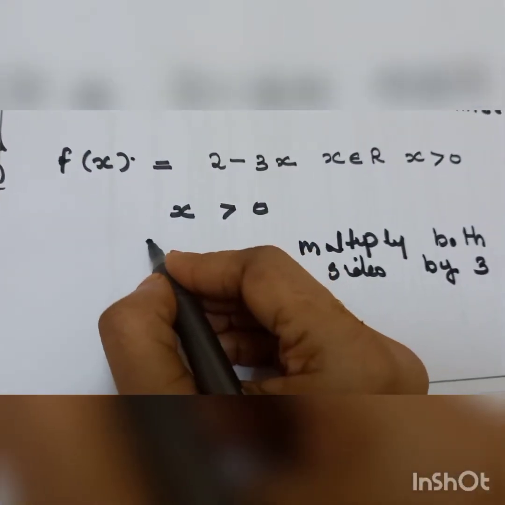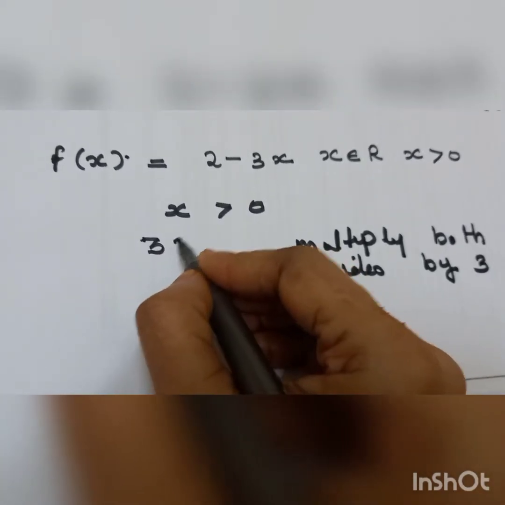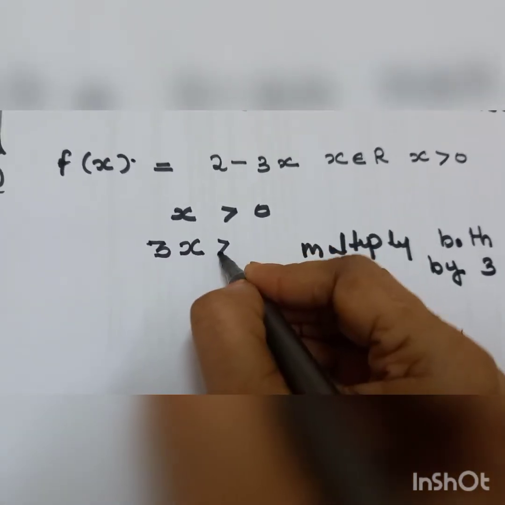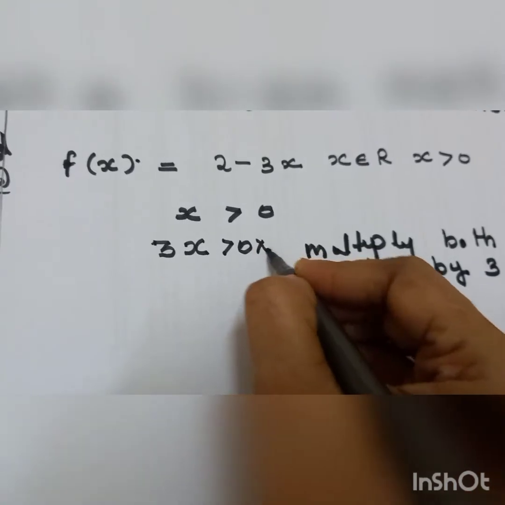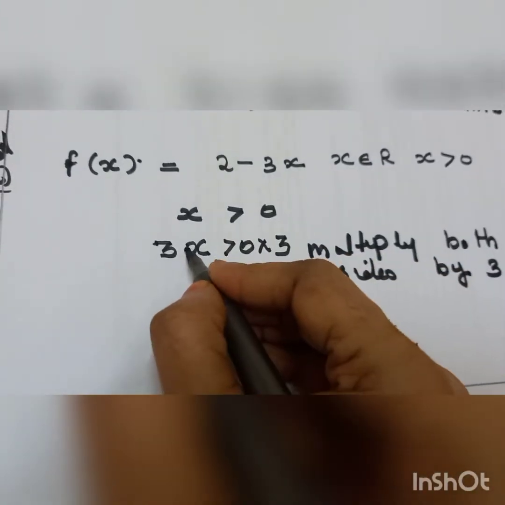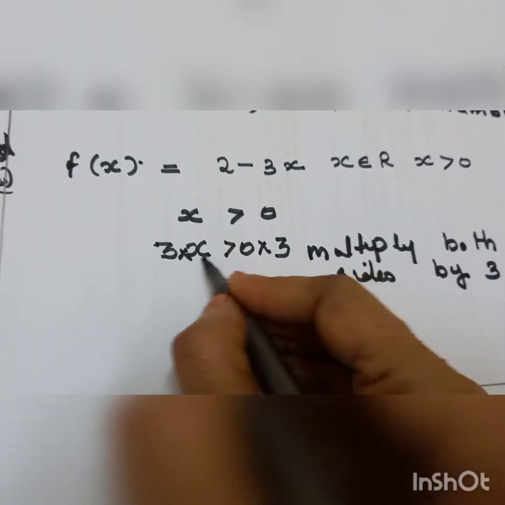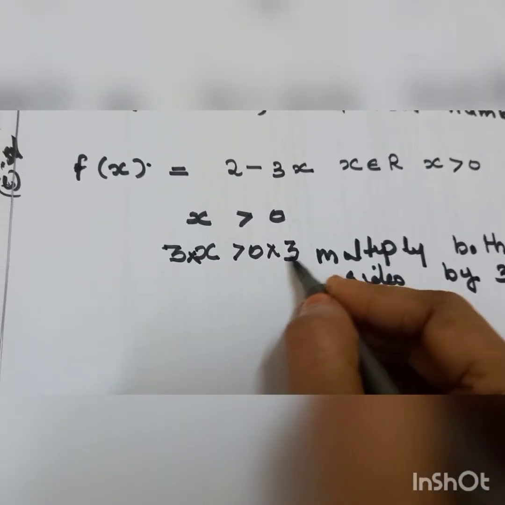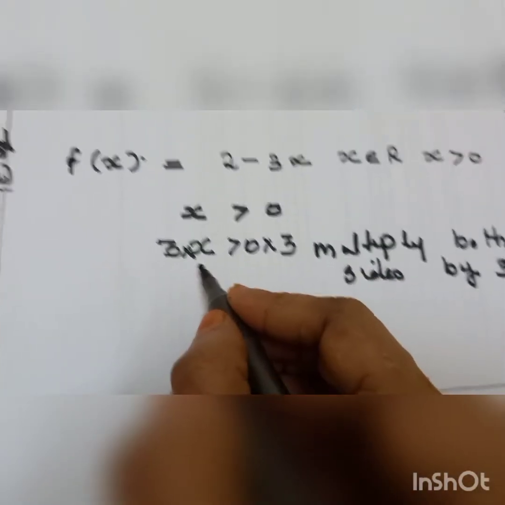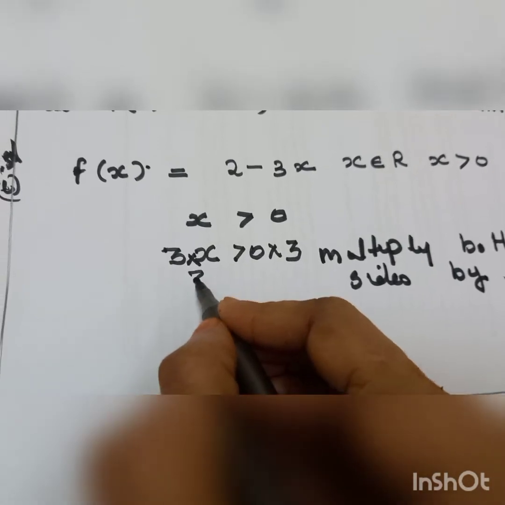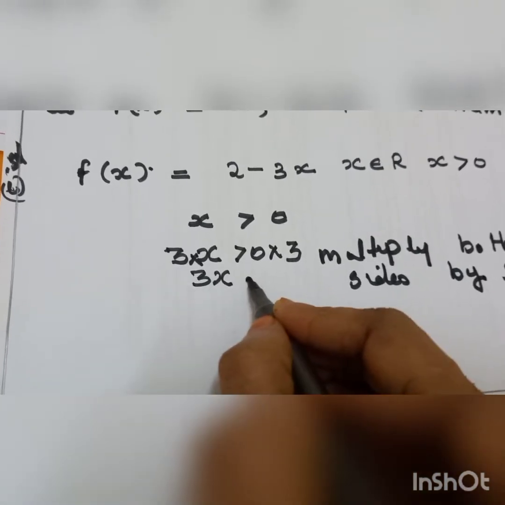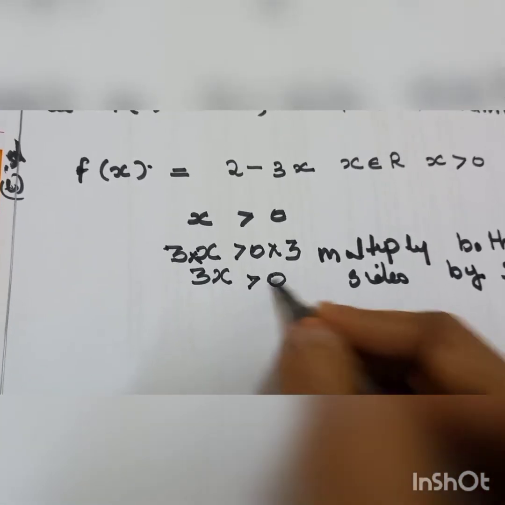So 3x is greater than 0 into 3. So 3 into x is greater than 0 into 3. So we can write 3x is greater than 0.